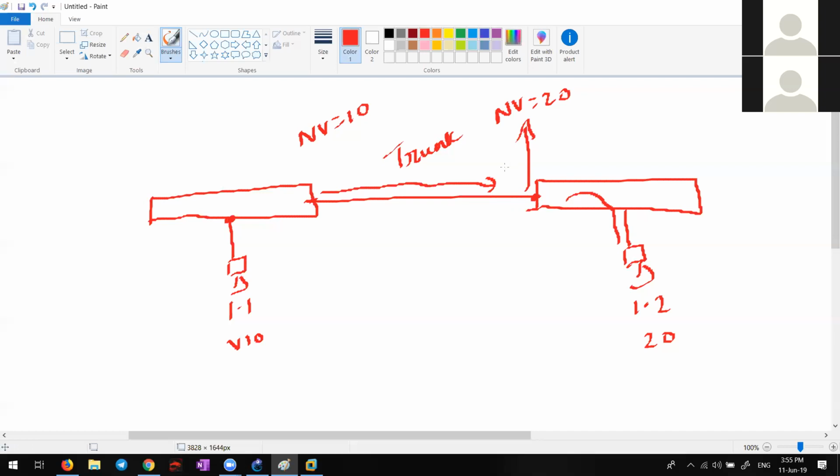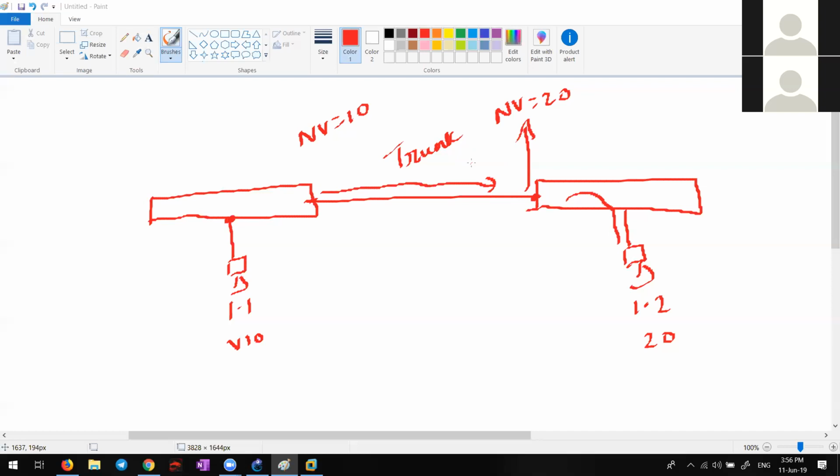But it's a native VLAN mismatch. Yes, very good. So guys, if I make the native VLANs different on both sides, is it okay? What is the error message you're going to get? Native VLAN mismatch. I don't want that error to come either, but this should happen. Why does the native VLAN mismatch error come?